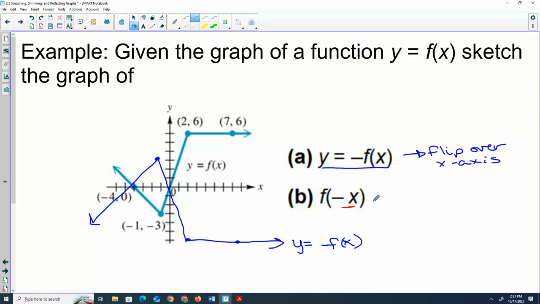What would a negative on the inside do? So it's taking my original, flipping over the y. What do you think on the x. So think about taking these points and changing their x values. So we get negative 2, 6, negative 7, 6, positive 4, 0.